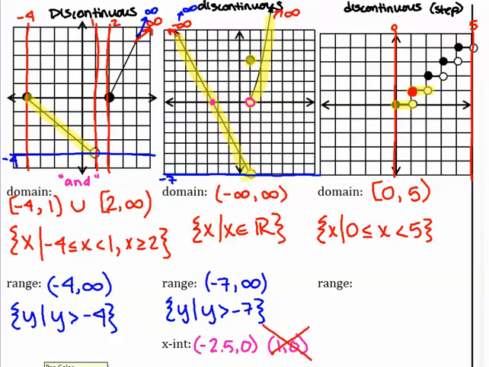For the range, this is where it gets a little tricky. The lowest that the graph goes is 0, but then there's this gap here. There are no points in that area. The next time that we have the graph is at 1, then there's another gap. Then there's a line at 2, then there's another gap.